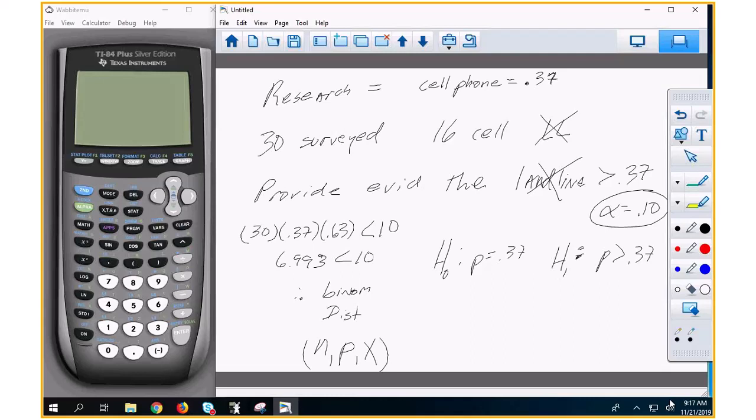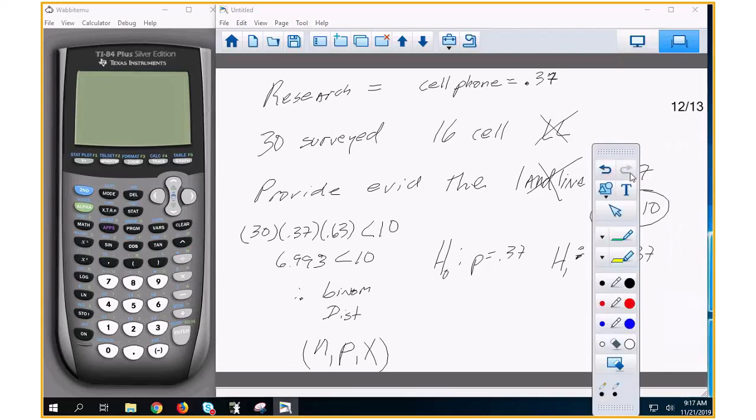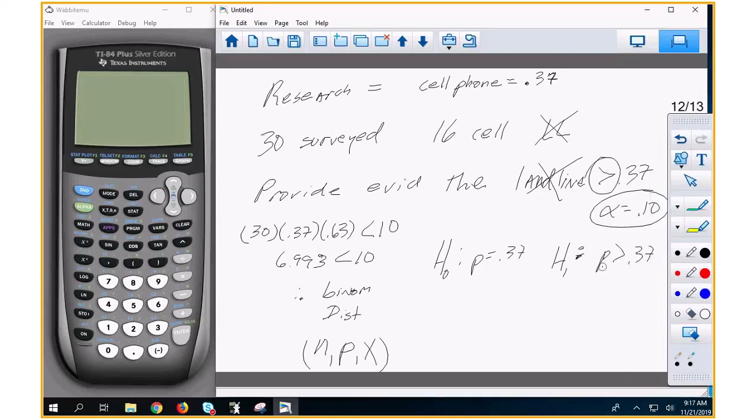Now, to do this, they're basically saying we want to know the probability of 16 or more. Does everybody understand that? Since we want to get greater than 0.37, we want to know 16 or what? Or more.